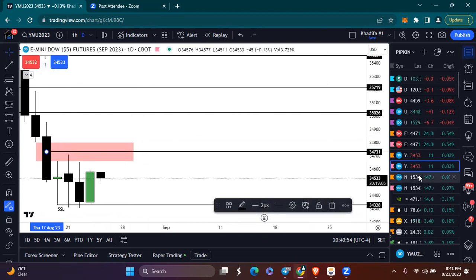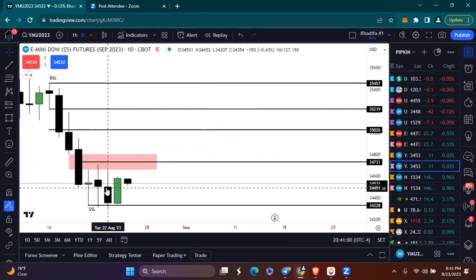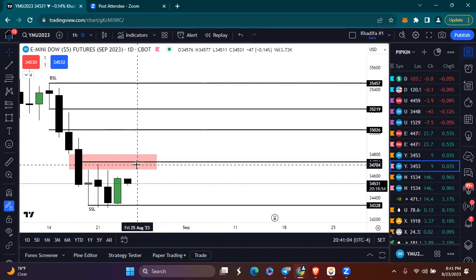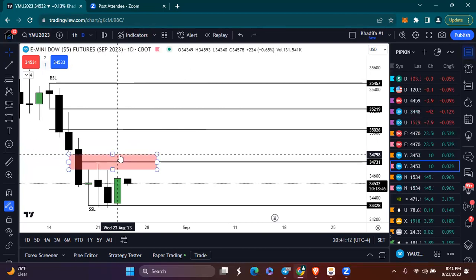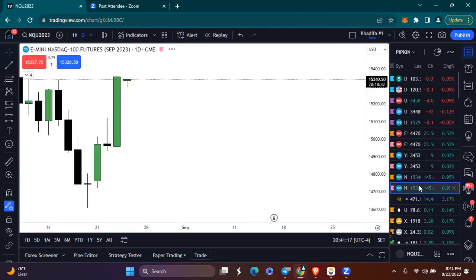So not far at all for E-mini Dow. As long as we stay above this Tuesday daily candle, I expect us to reach that consequent encroachment by the end of the week and possibly run into the upper level of that fair value gap to close the week for E-mini Dow.